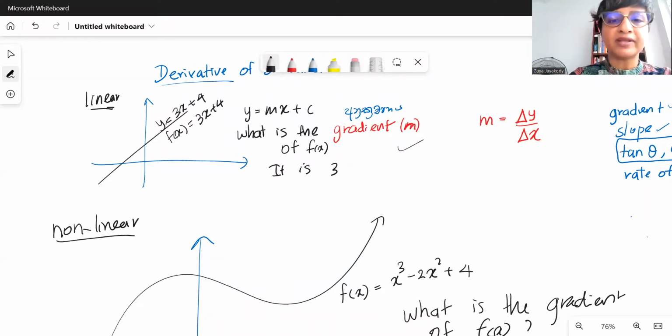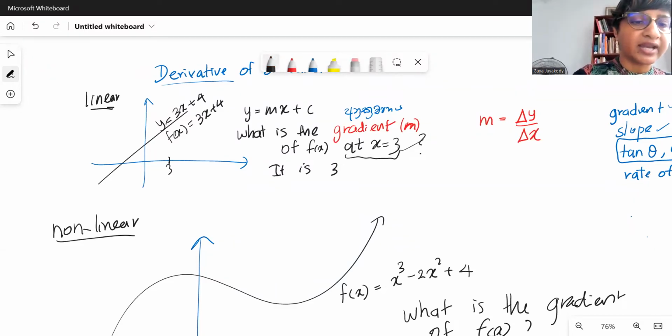Then if I ask, what is the gradient of f of x at x equals 3, would that still make sense? That means I am asking about a point. At this point where x is 3, what is the gradient here? Not of the function, but at this point.